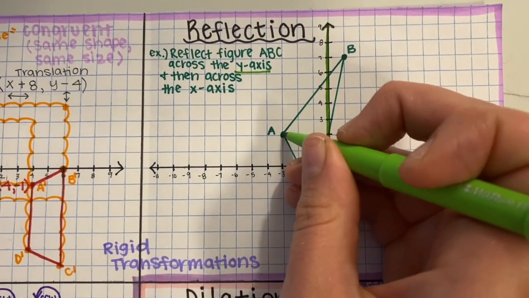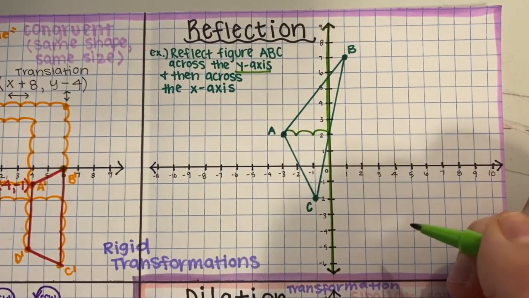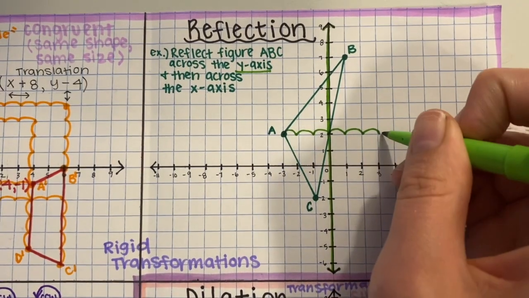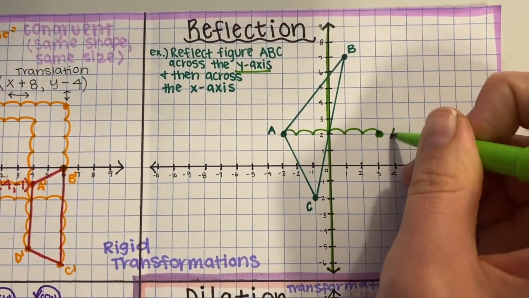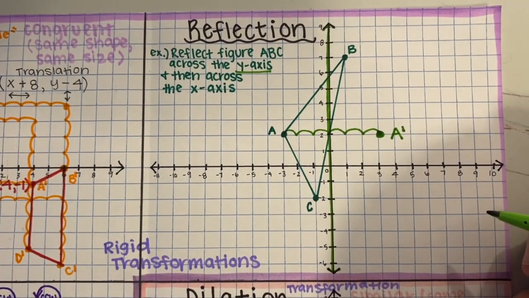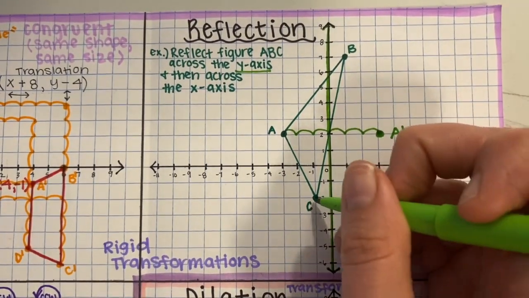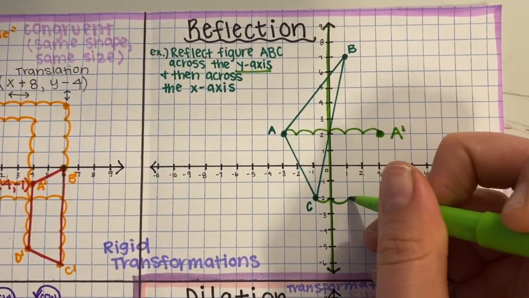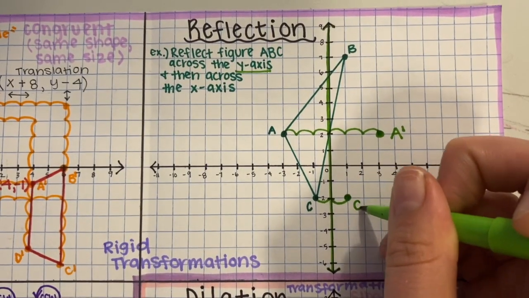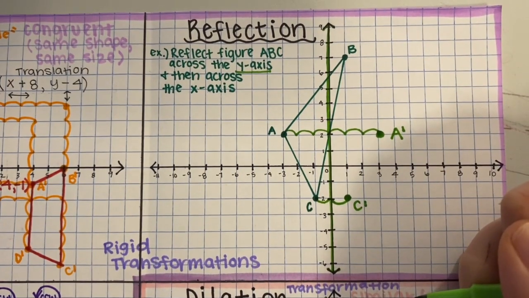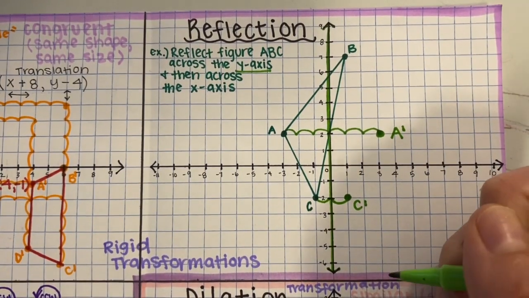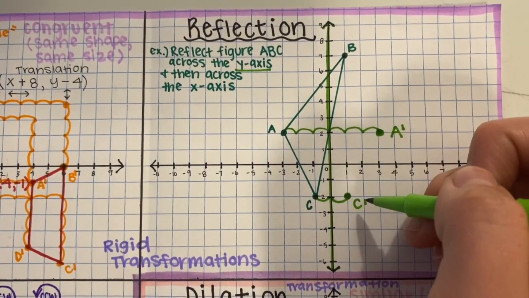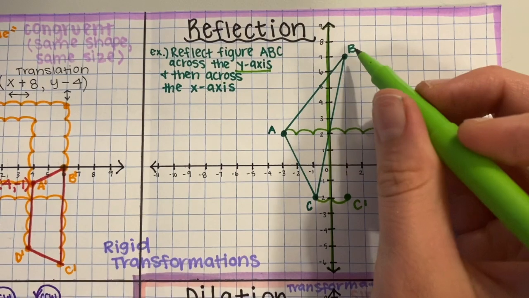A is 3 units from my y-axis. So I'm going 3 units onto the other side to put A prime. C is 1 unit from the y-axis. So I'm going to go 1 unit to the other side to put C prime. It can feel tricky because B is already on this side with A and C, but we haven't moved it yet.